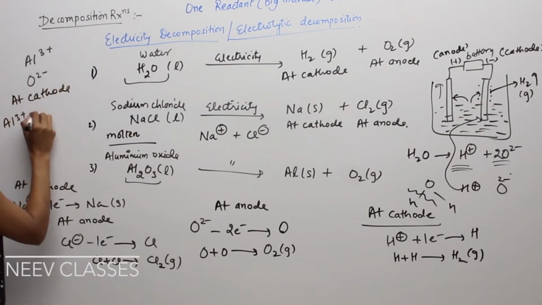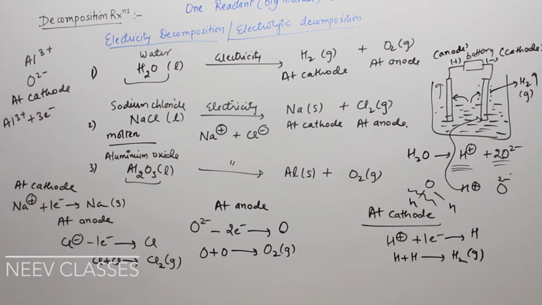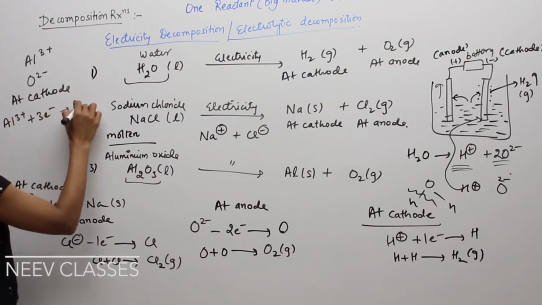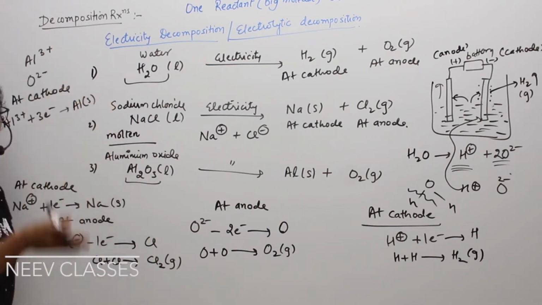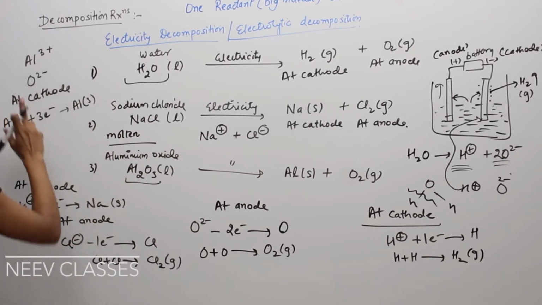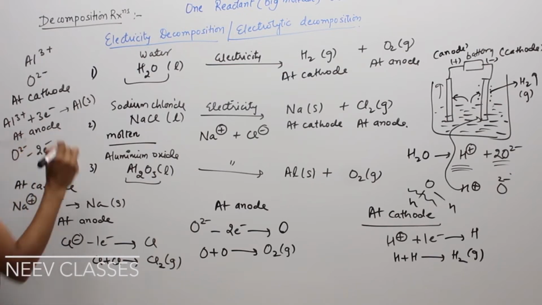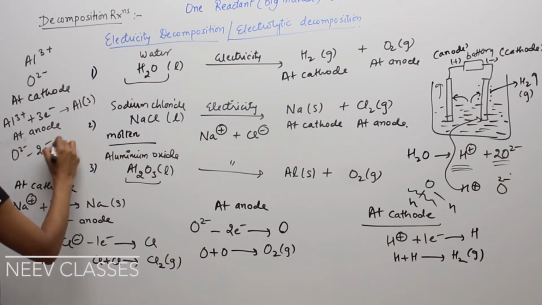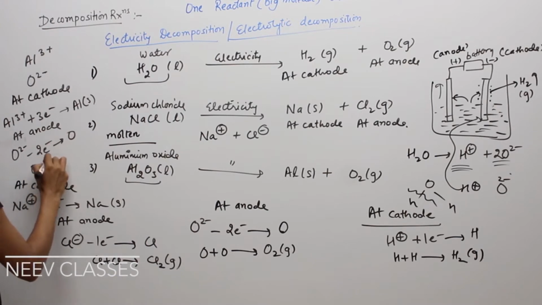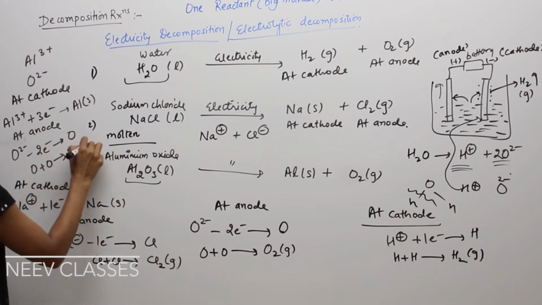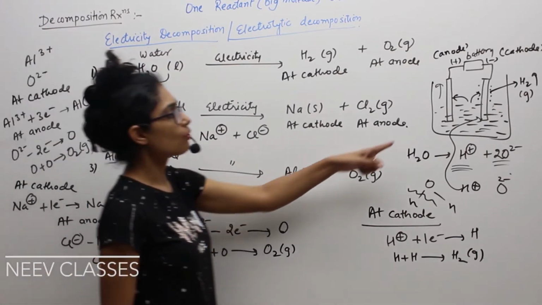Al3 plus will take 3 electrons to neutralize itself, will become Al solid and will get deposited on the cathode. Whereas when you talk about oxygen at anode, O2 minus will lose its 2 excess electrons and become oxygen. Two oxygen atoms will combine to form oxygen gas and will get released from the anode.